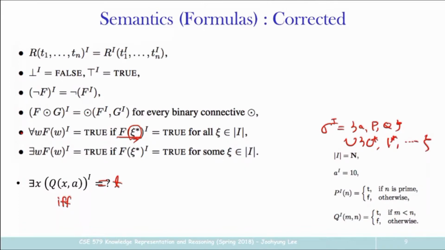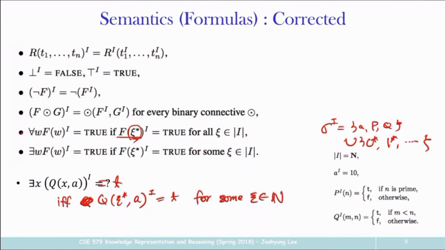So this is now true if and only if Q psi star A I is true for some psi in the universe. The universe is a set of non-negative integers.